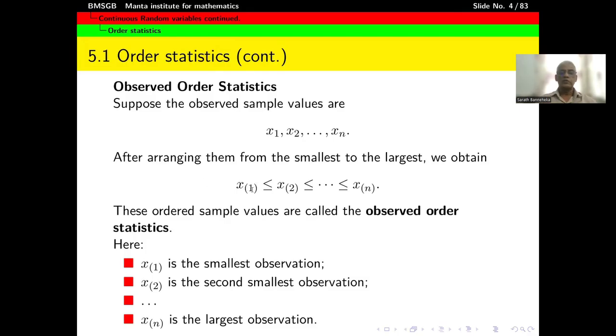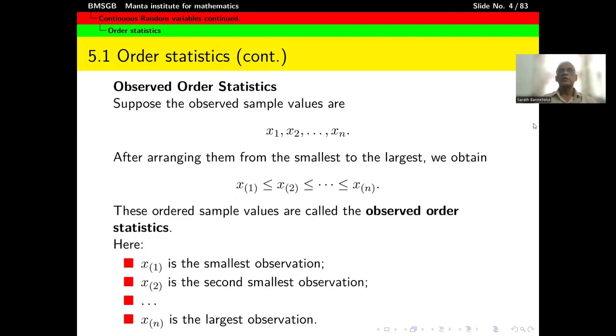Set of all possible values that will be coming as this number based on different random samples can be considered as set of all possible values of some random variable, which we are going to denote as capital X subscript within bracket 1. So therefore, there will be a random variable corresponding to all the possible x within bracket 1 observed values that we will get if we repeat this experiment.